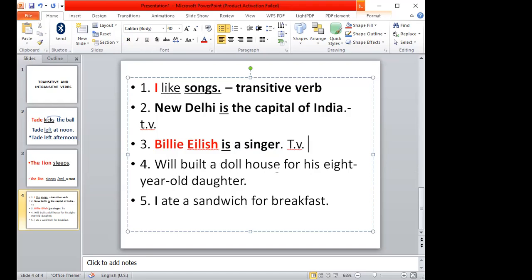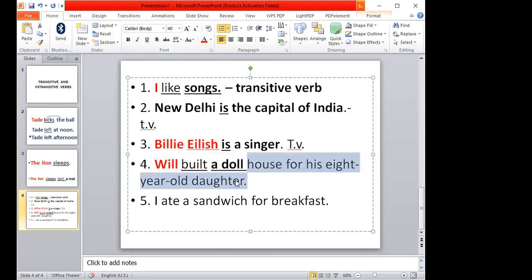Now, let's look at this fourth sentence: Will builds a dollhouse for his 8-year-old daughter. Will is my subject. Builds is my verb. And a dollhouse is my object. All of these are still parts of my object, but I just want to use a part of it to represent what I call my object.